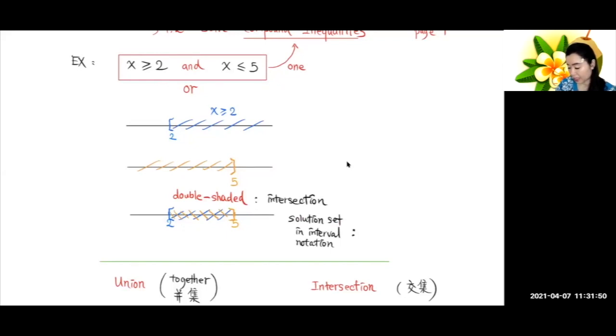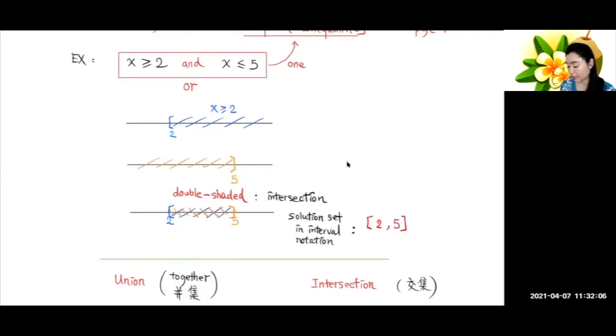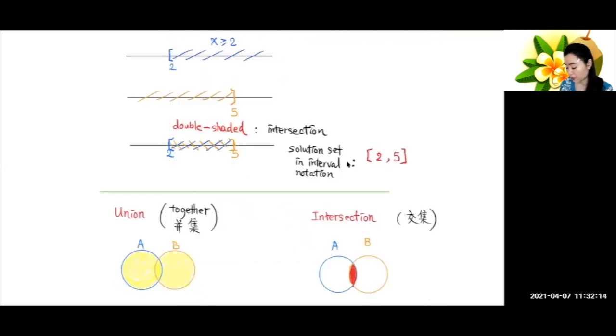Let's put that in interval notation: the interval from 2 to 5, with a bracket including 2 and a bracket including 5. Remember, when you have "and", both of them have to be true, so you look at the intersection of the two sets.